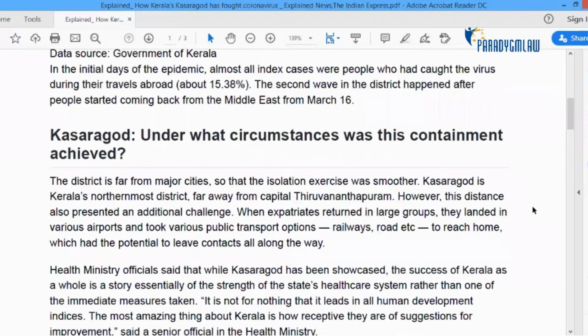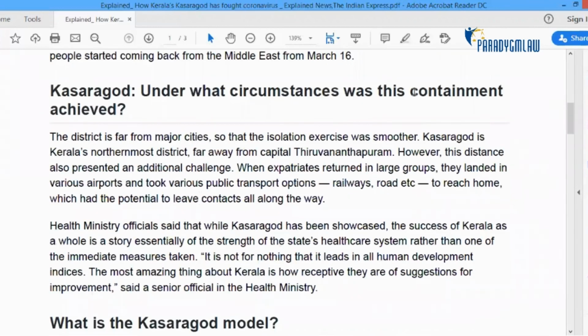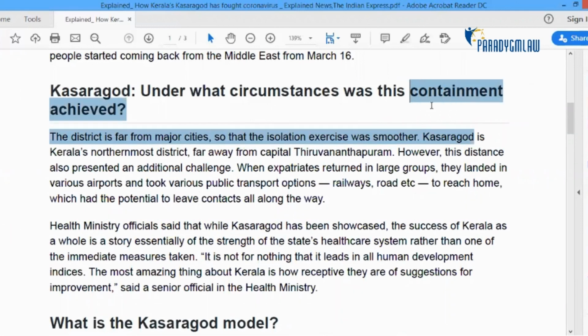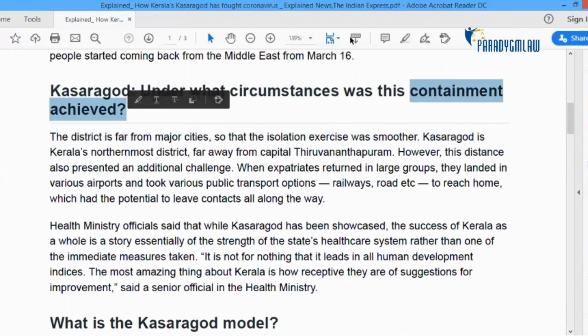Now let's look at the next question. How was this containment achieved? Take the time to read the passage.